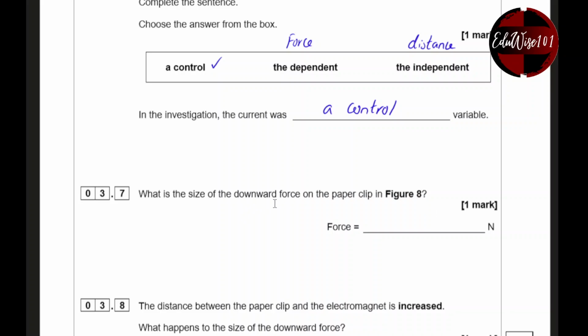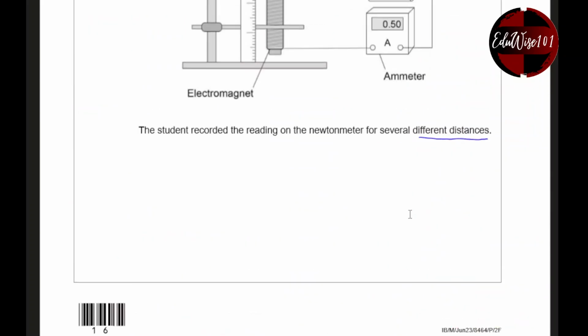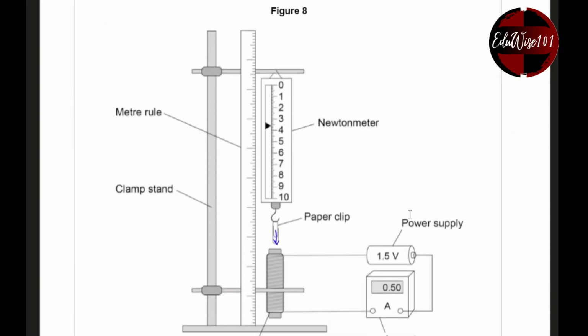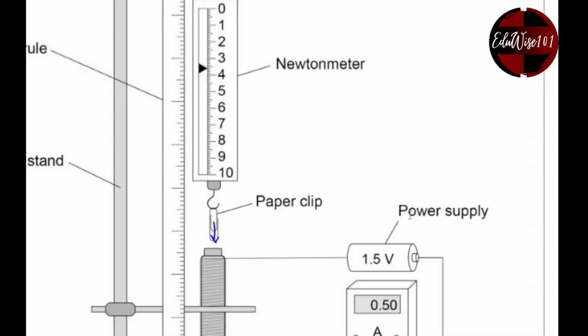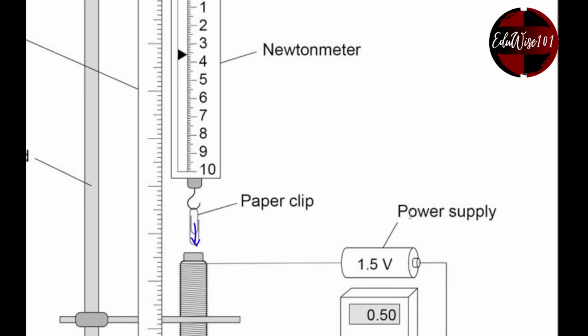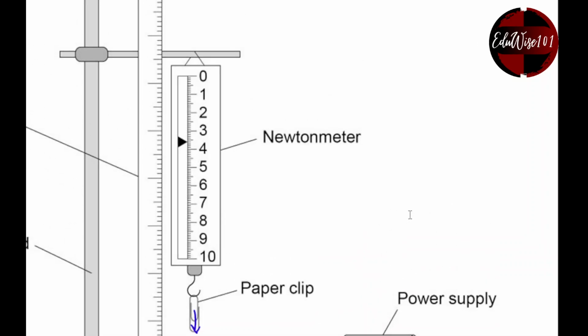Write down the size of the downward force on the paperclip in figure 8. So what is the force recorded? Let me zoom that in a little bit. That reads 3, this is 3.5 over here, and that's one line after 3.5.